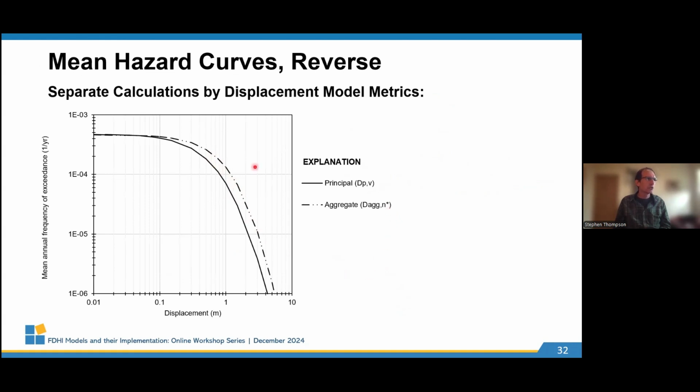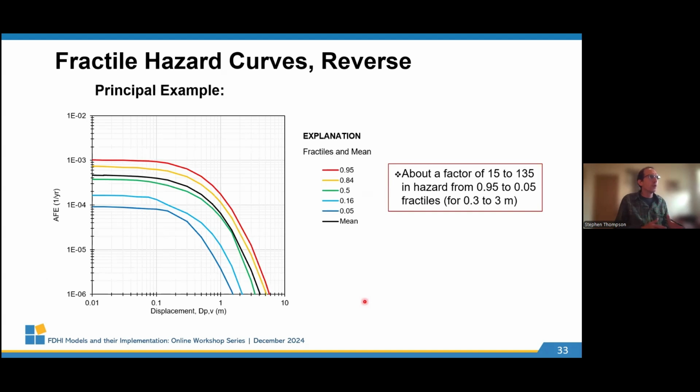and star displacement compared to the principal displacement, that's a single principal strand and the vertical displacement measure. But importantly, here are the hazard fractiles, and this is very typical of what we get, where we see, instead of that factor of 2 difference, about a factor of 15 to a factor of 135 in hazard from our 95th to our 5th fractile.